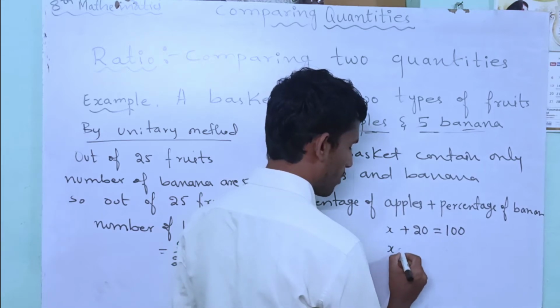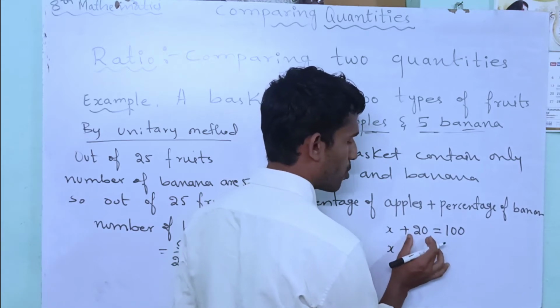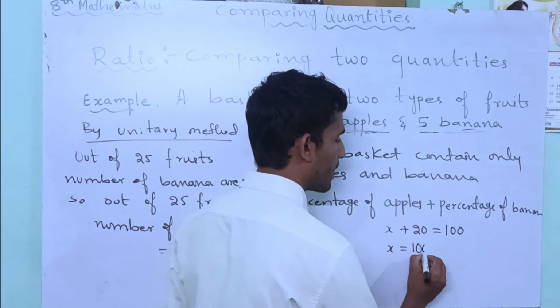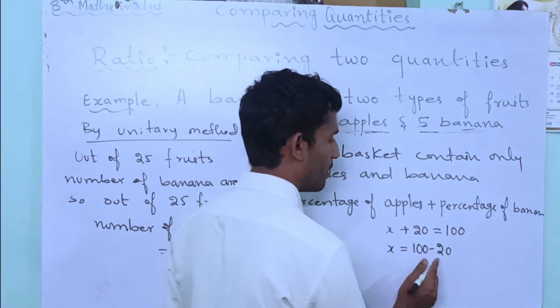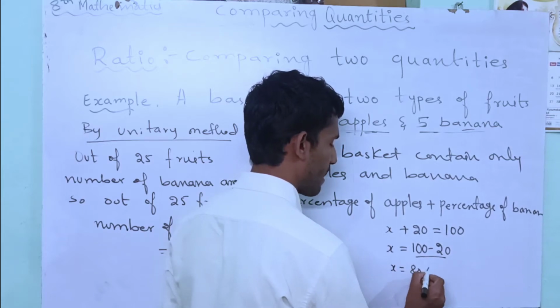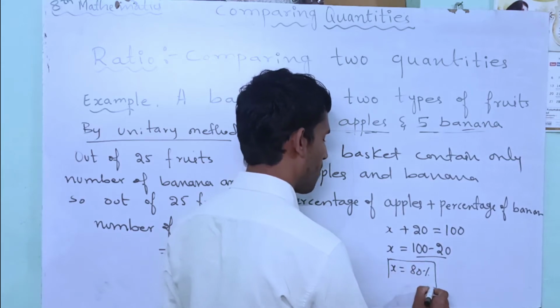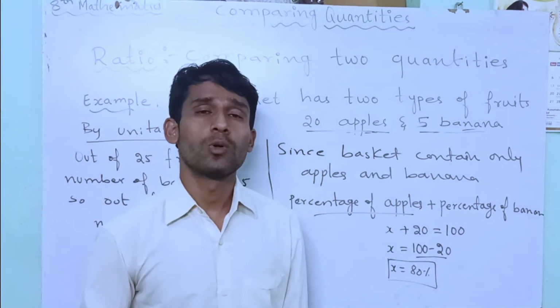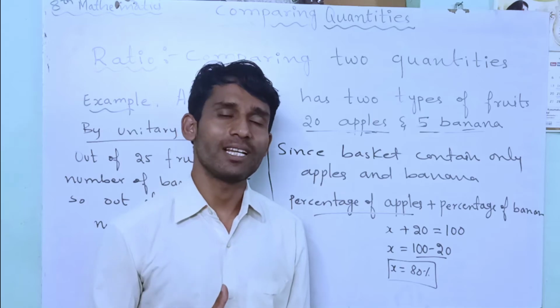When we transpose 20 from LHS to RHS, it becomes 100 minus 20. When you do the subtraction, you will get x is equal to 80%. x means that is the percentage of apples. This is the method we have to use for comparing two quantities.